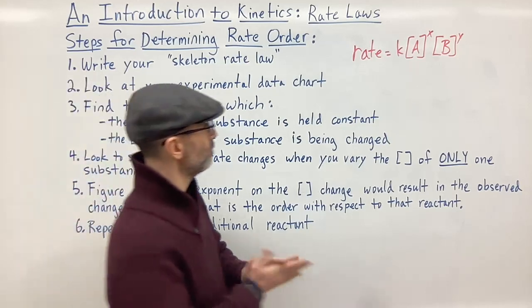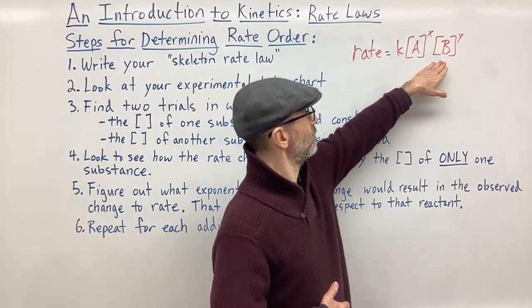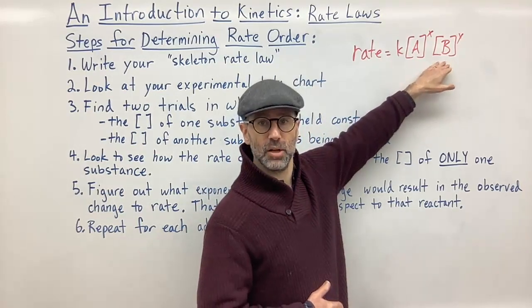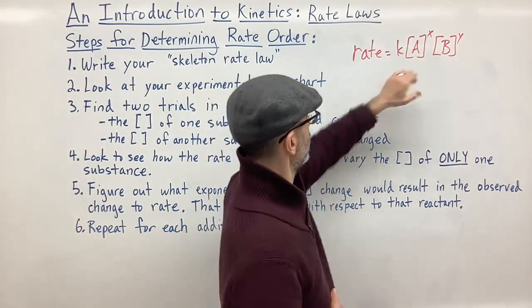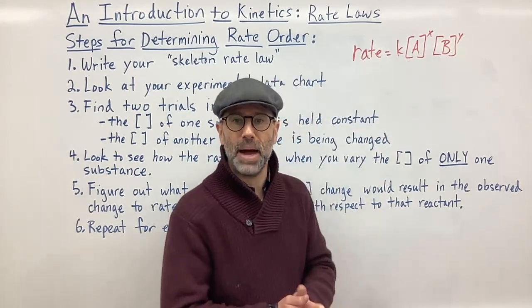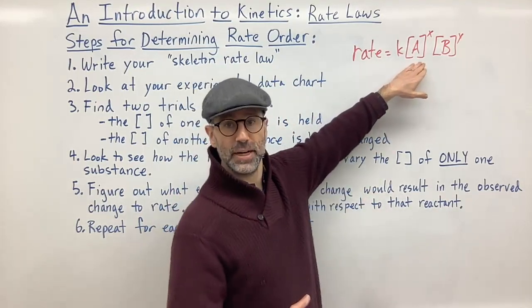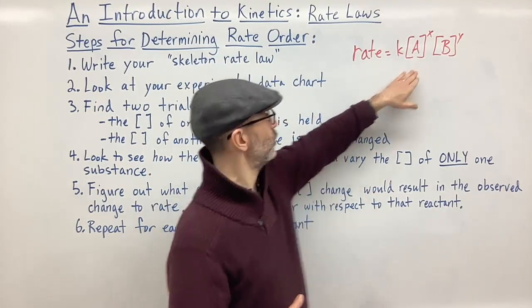So for example, let's say I pick two trials where the concentration of B is held constant, but A is being changed. And let's say I double the concentration of A, and I look at the rate.